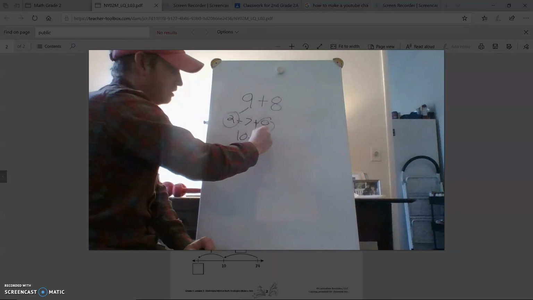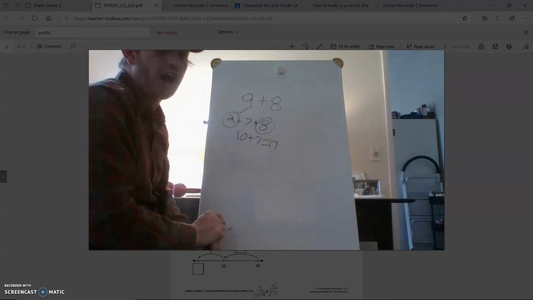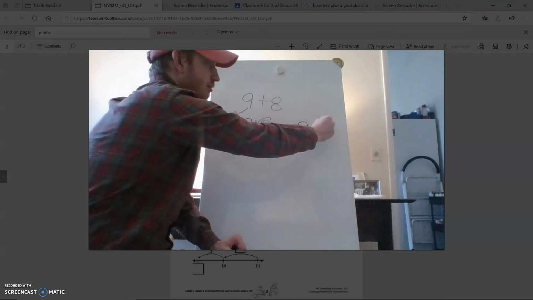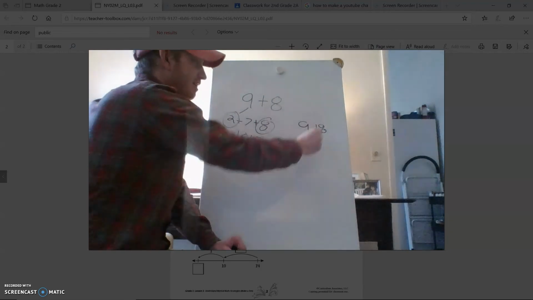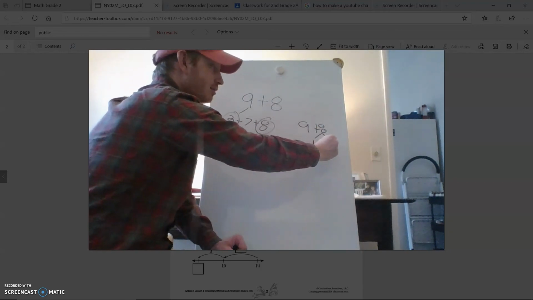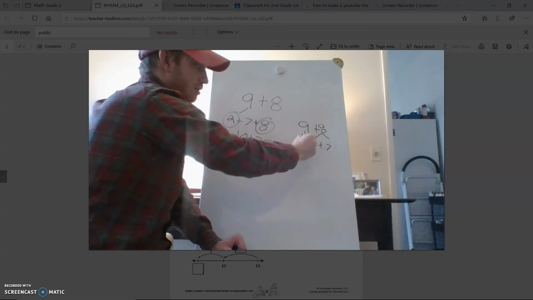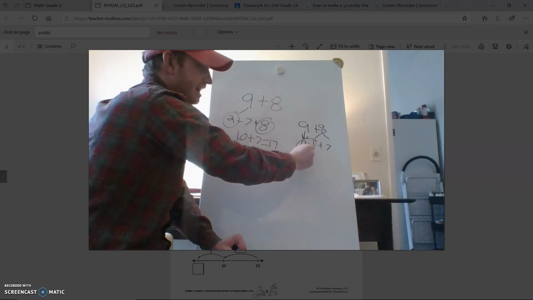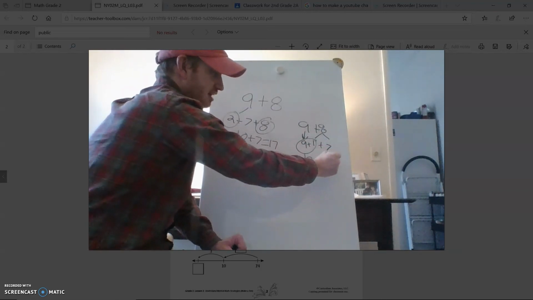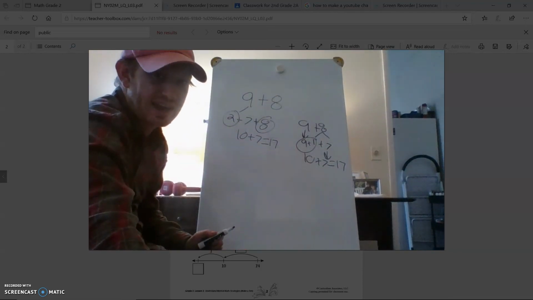Plus 7 is 17. That's one way to do it. The other way is 9 plus 8. The 8 is a 1 and a 7. Bring that down on 9. 9 plus 1 is 10. Bring down our 7. Plus 7 is 17. So those are the two ways that we could have made 10.